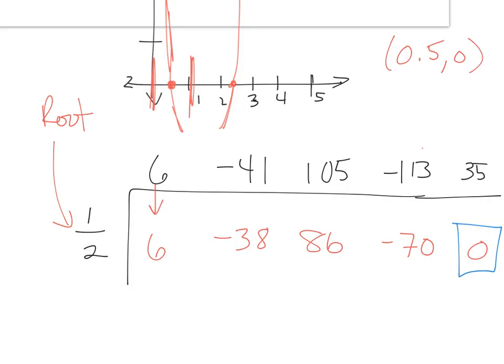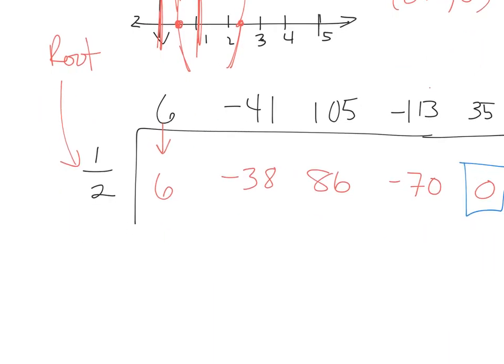Now, as a result, I have another depressed equation. But here's the thing. What degree is this new equation going to be? This depressed equation, what will it be? To the 3rd. So I cannot get my other 2 roots yet. So what do I still have to do if this is to the 3rd now? Chandler?